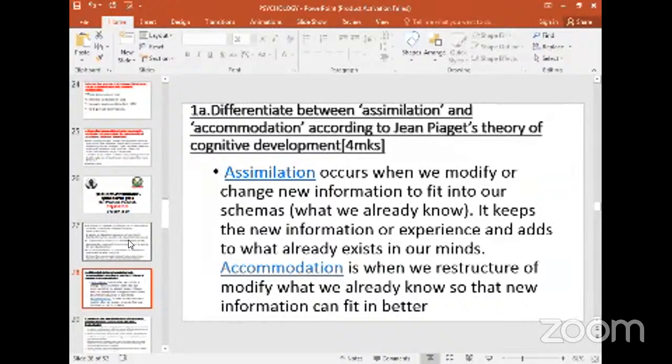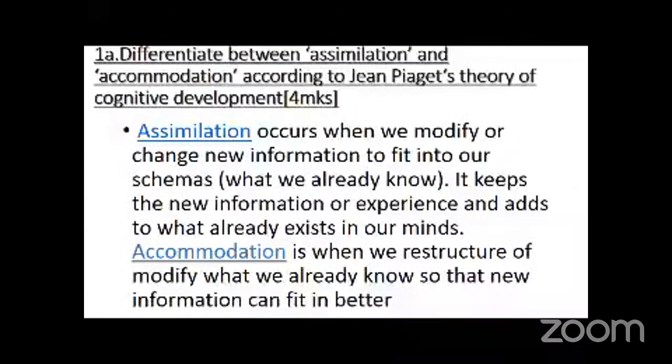So we say that assimilation occurs when we modify or change the new information to fit into our schemas, or what we already know. So when we talk about assimilation, again, it keeps the new information or experience and adds to what already exists in our mind.